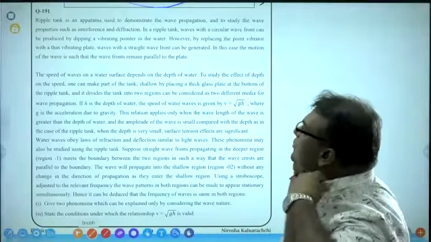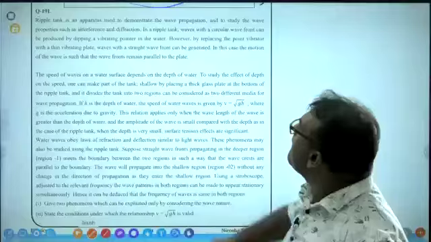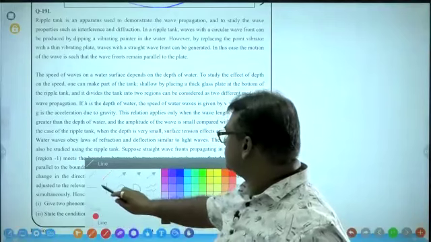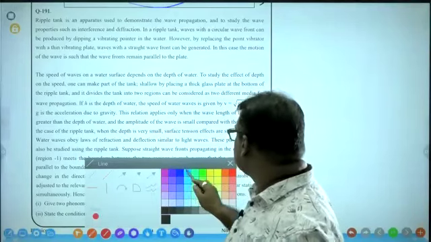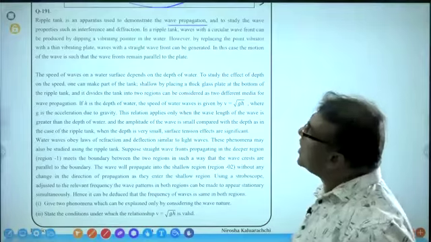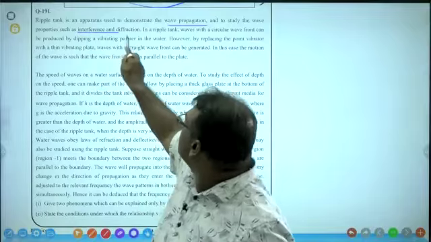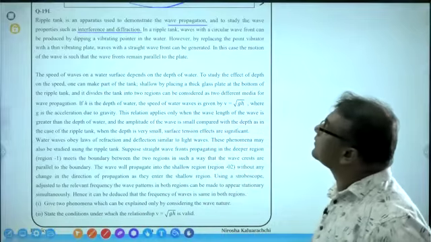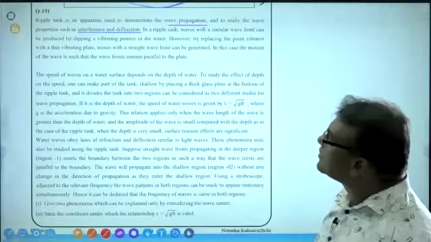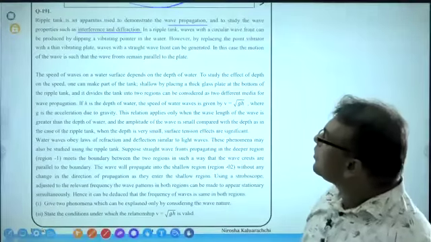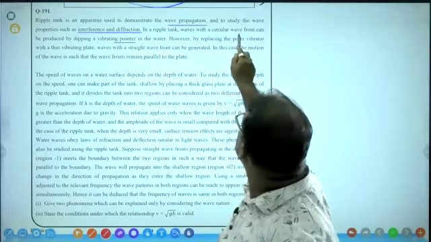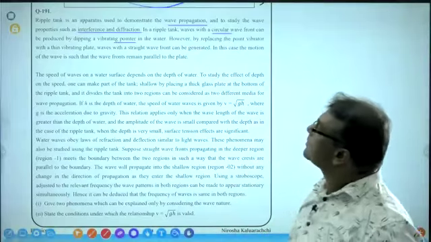Ripple tank is an apparatus used to demonstrate wave propagation, and study of wave properties such as interference and diffraction. The ripple tank generates waves with circular wavefronts by dipping the vibrating pointer in the water.